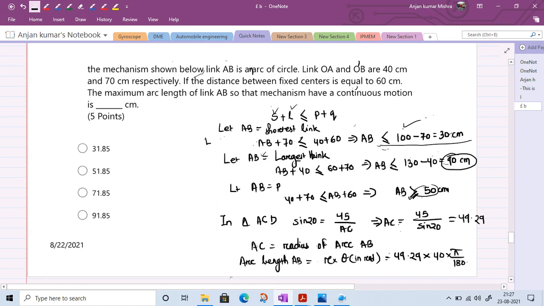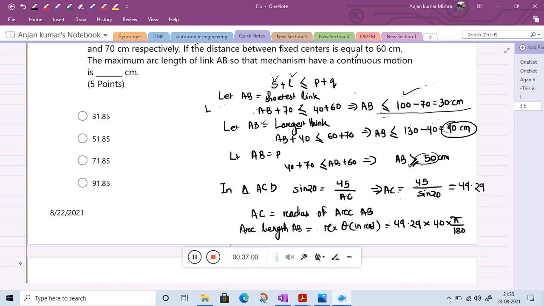So again we will use the calculator. Wait a minute. Okay, sorry, there is a mistake in my calculator.